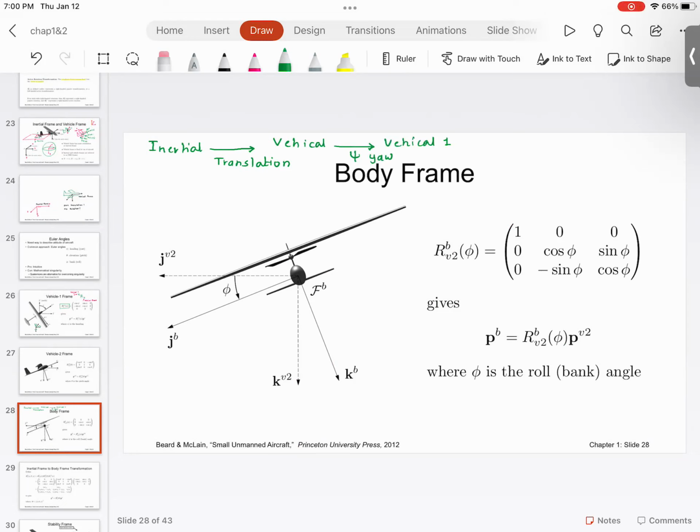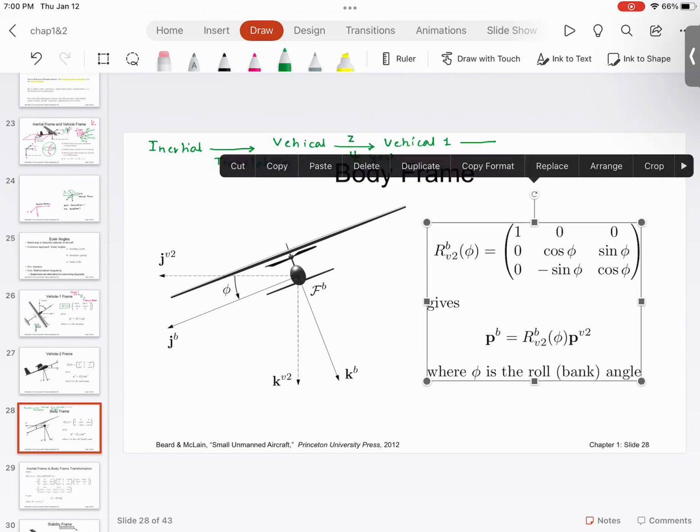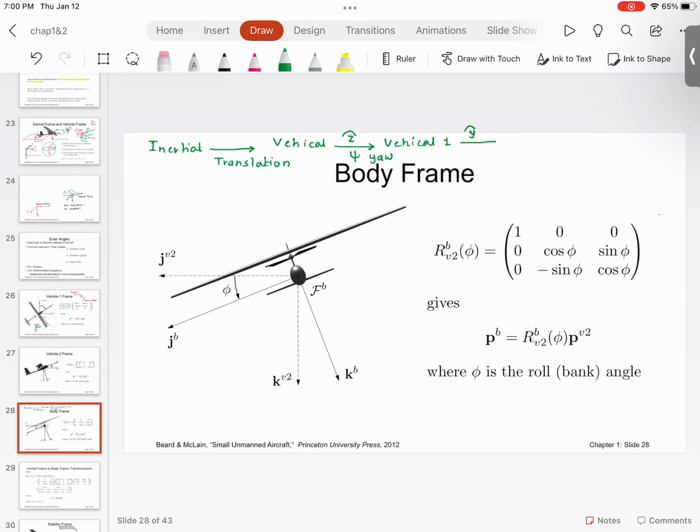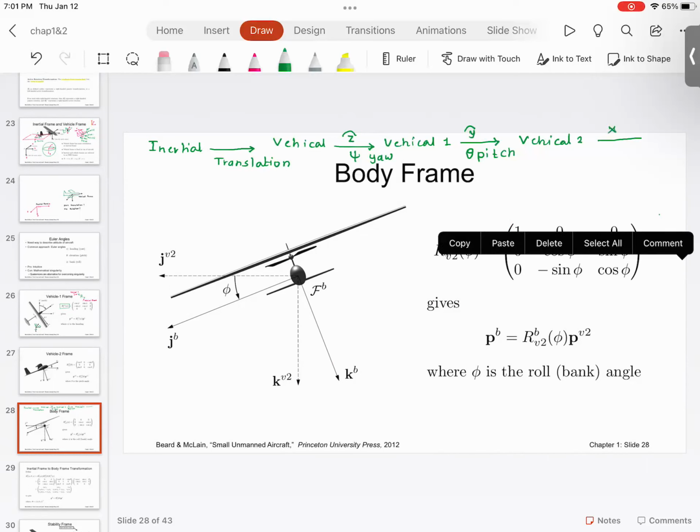Then we pitched the aircraft about Y, and we got this theta, which is pitch. We got to vehicle 2 frame. And from vehicle 2 frame, we rolled about X, and that rotation is phi, which is roll, and we went to the body frame.